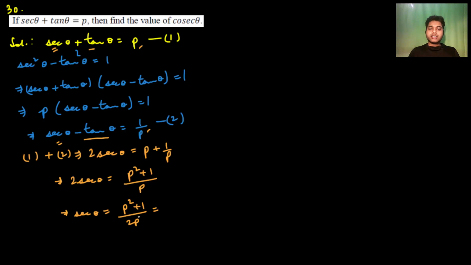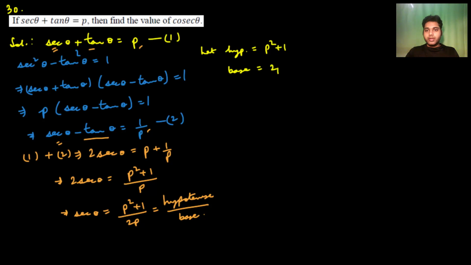So what is sec theta? Sec theta is the inverse of cos theta, right? And cos theta is base by hypotenuse, so this will be hypotenuse by base. So let the hypotenuse be equal to p square plus 1, and let the base be 2p.